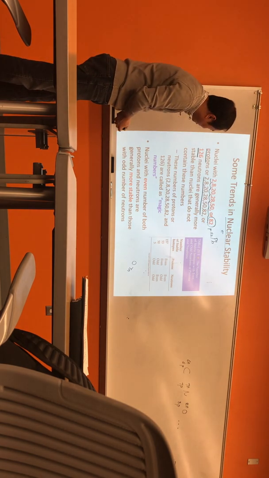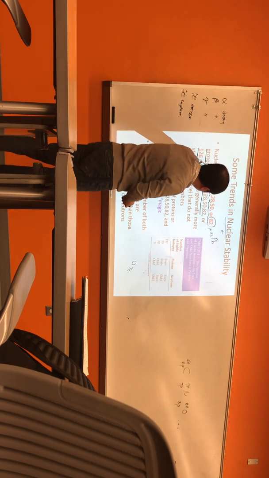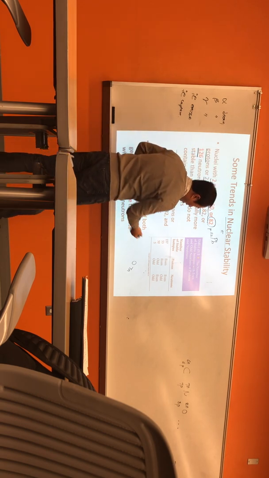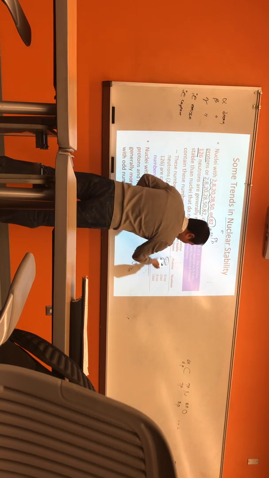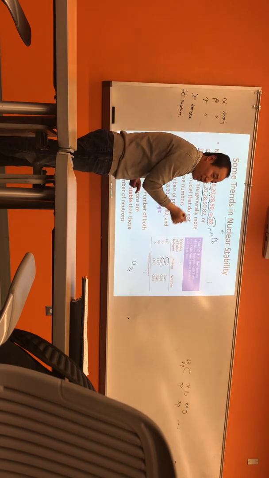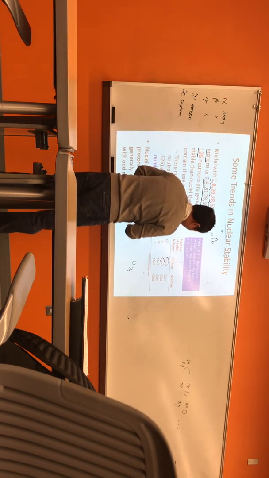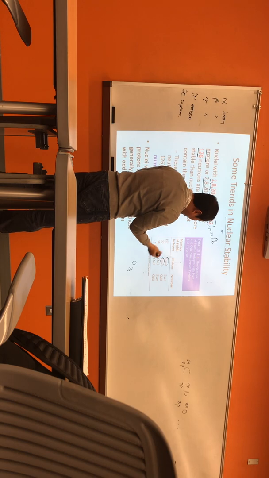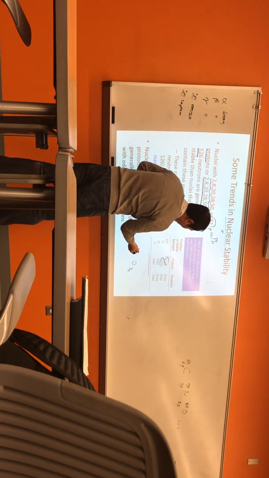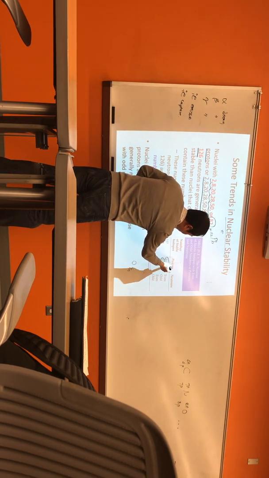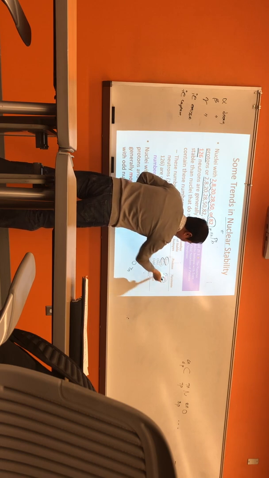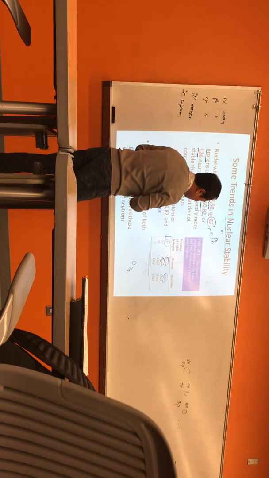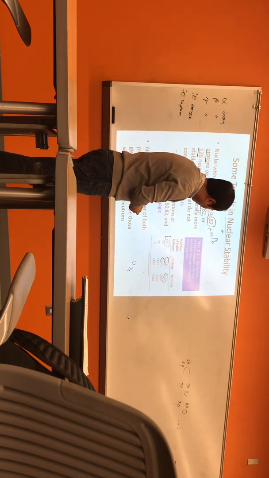Another thing is that for either protons or neutrons, if they have an even number, that's more likely to be stable than having an odd number. In nature, when both proton and neutron numbers are even, we have 157 stable isotopes.